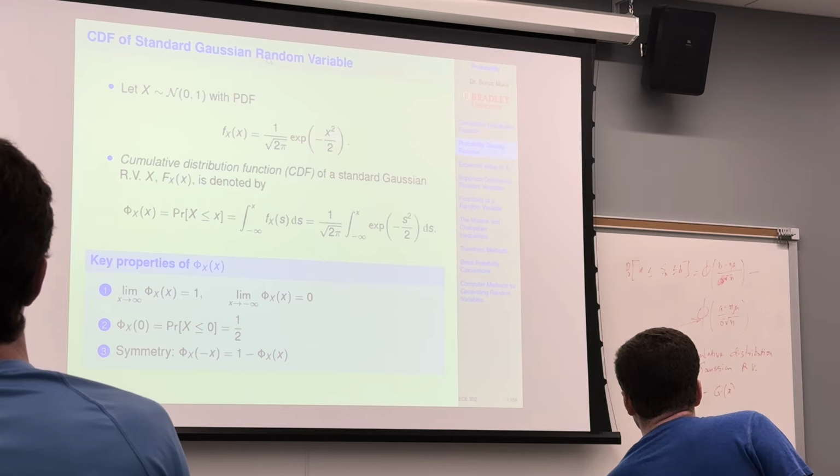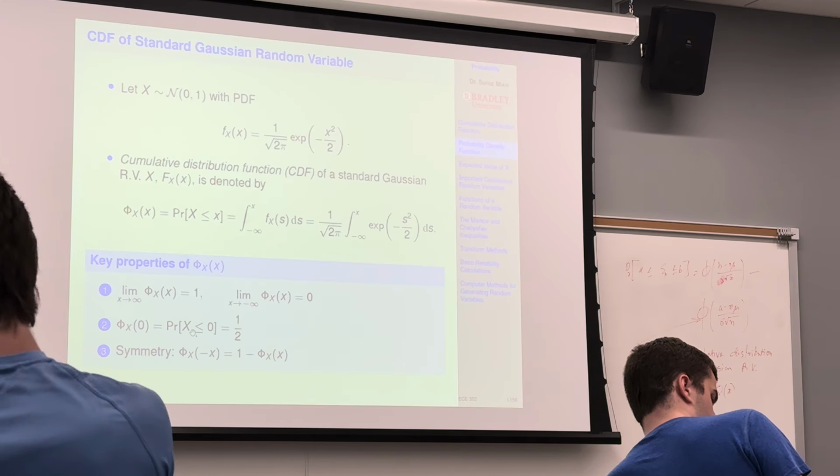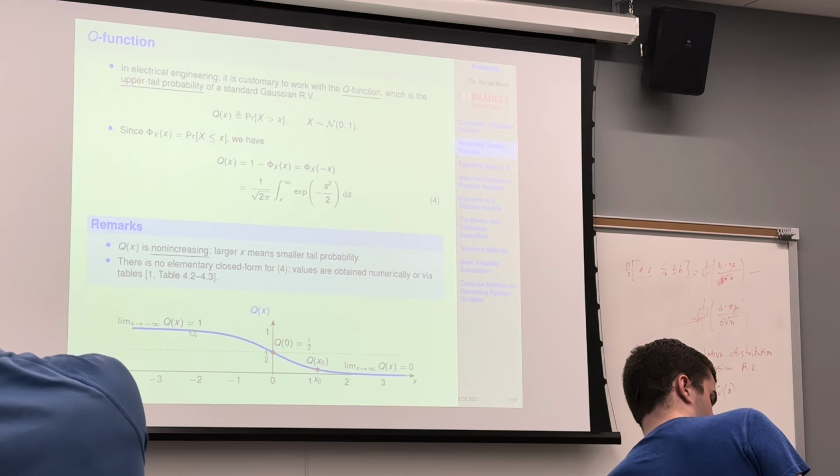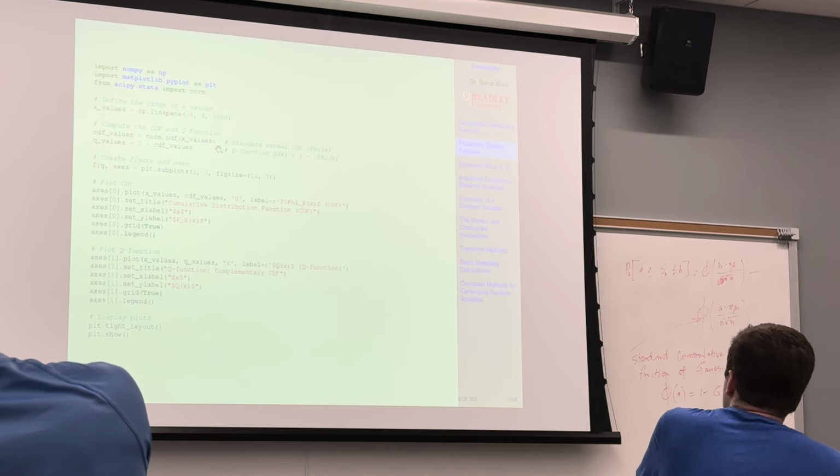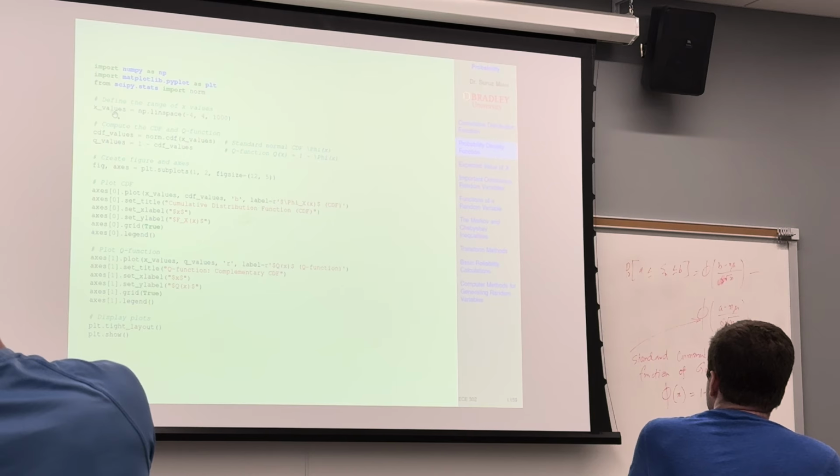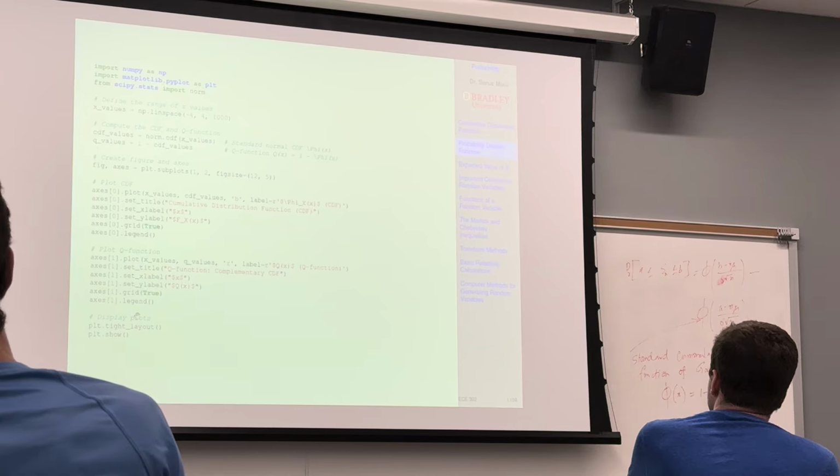You will be making use of properties of the standard Gaussian random variable, the CDF of the standard Gaussian random variable, and how this is related to the Q function. Pay attention to what this code is doing. Again, no code related to plot.